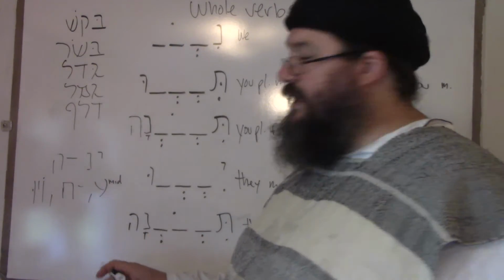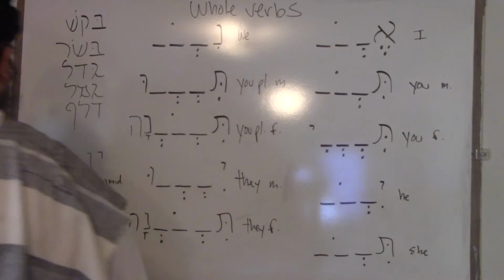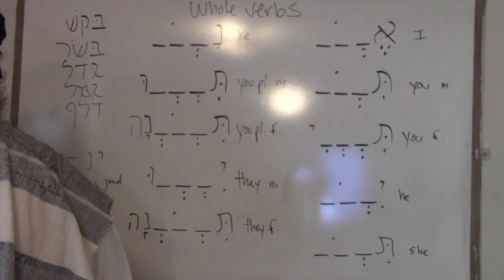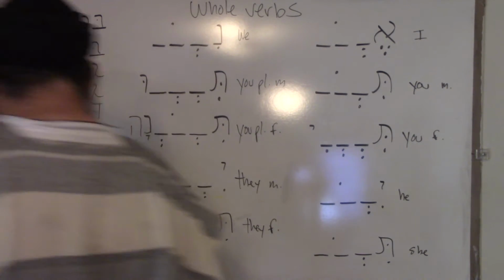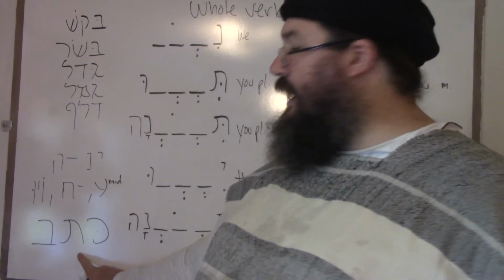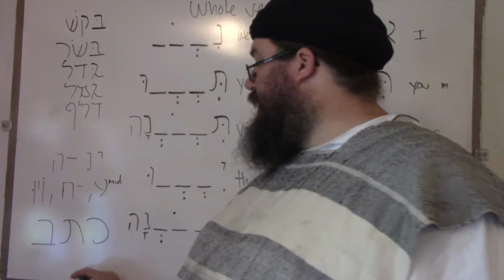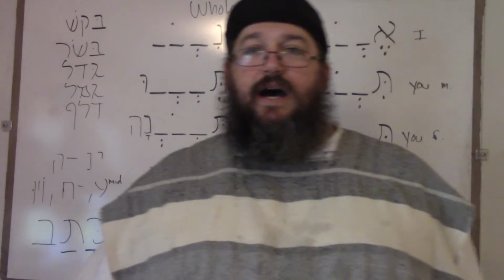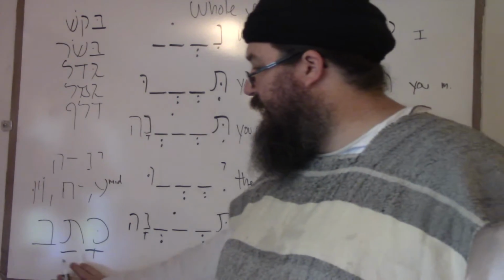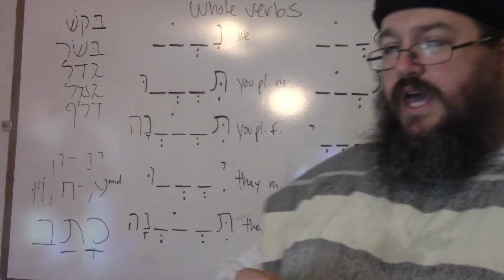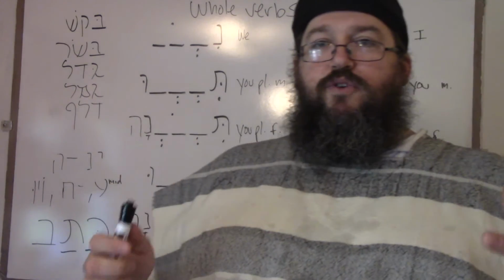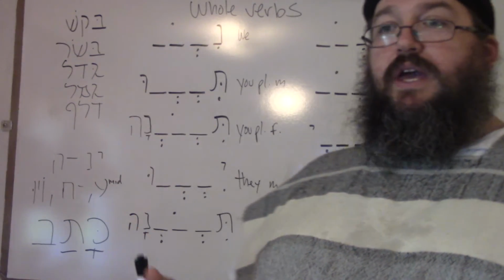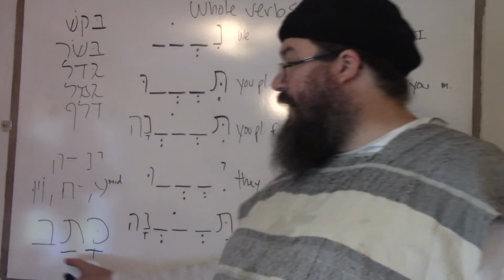So what we're talking about, if I was to take the root like katav, kaf, tav, bet, and put the kamatz and the patach, I have my sound. So katav, okay? All of the whole verbs in the paal form are going to use this form.